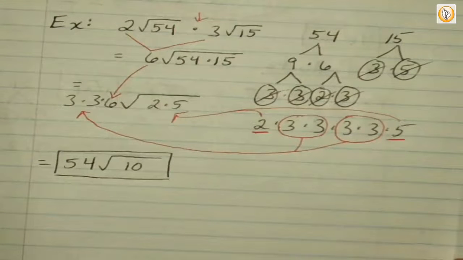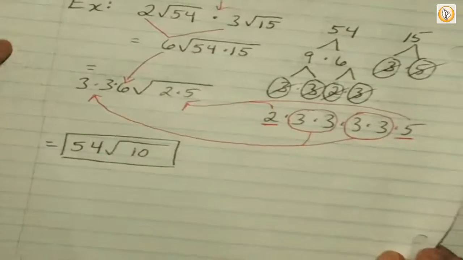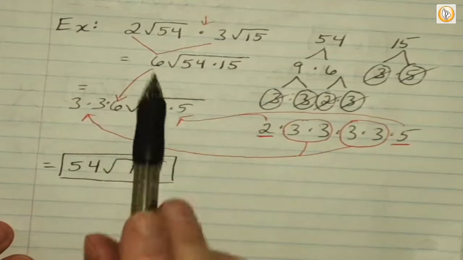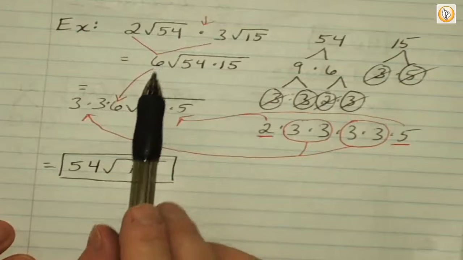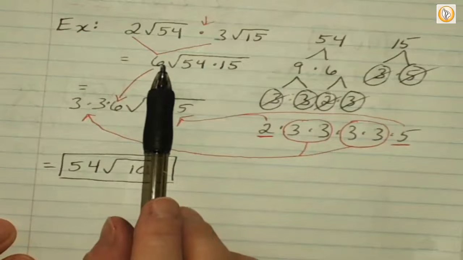Any questions? All right. Izzy, hurry up and write this real quick. So Izzy, the 6 that was already on the outside, we bring it down. See, it's on the outside already?